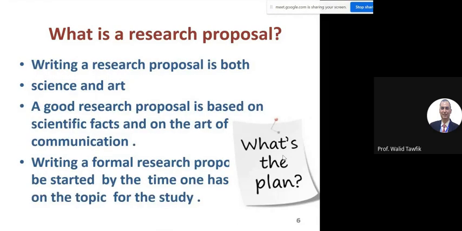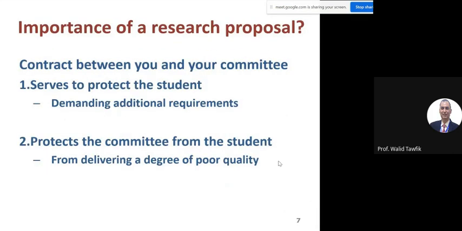Writing a research proposal is both science and art. A good research proposal is based on scientific facts and on the art of communication. Writing a formal research proposal should start by the time one has a topic for the study.